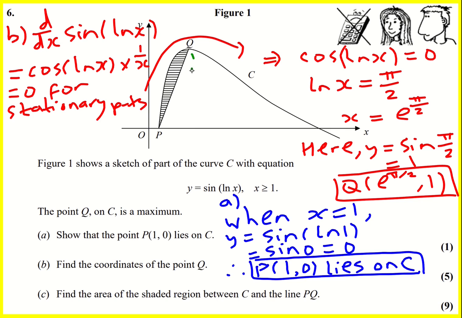Now, here's the main bit. Let's find the area of the shaded region between C and the line PQ.